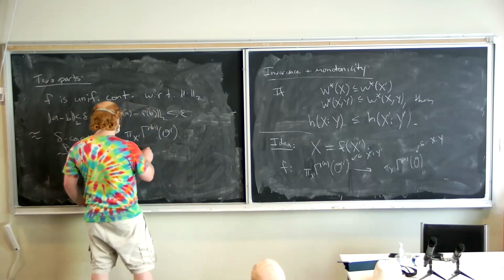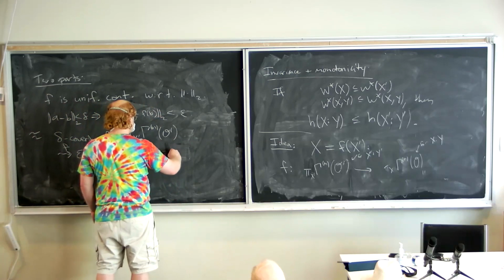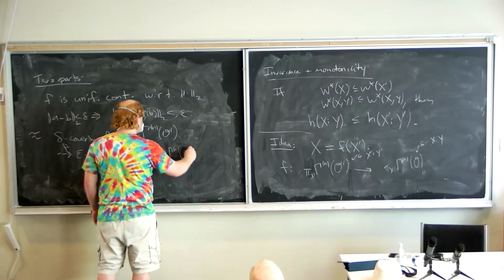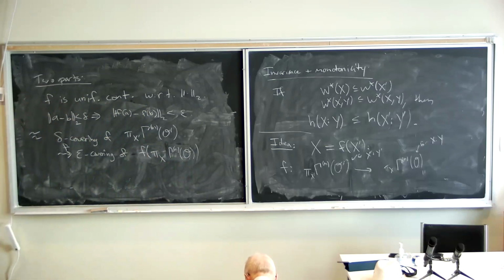Right? You get an epsilon covering of the image. All right, so that's one part. And you can basically do this using the uniform continuity.